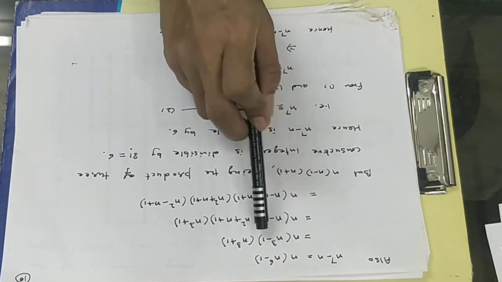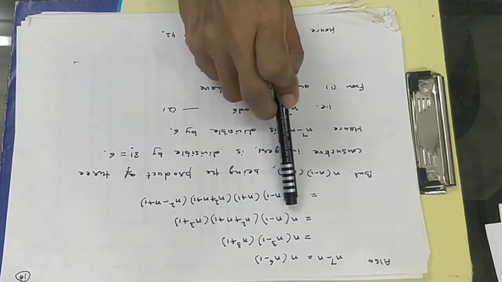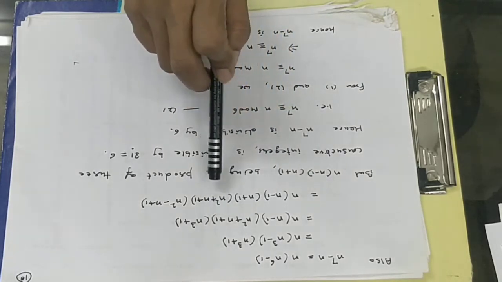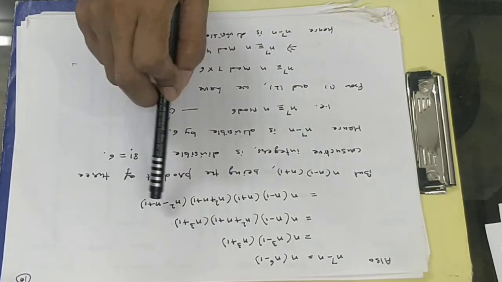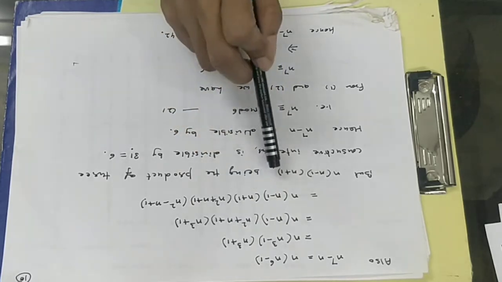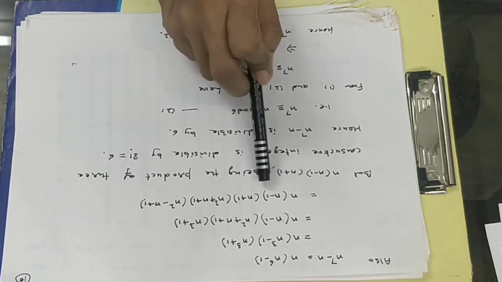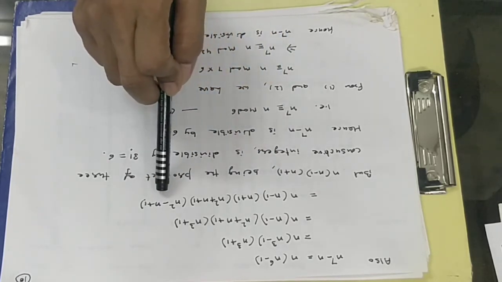Again n cube minus 1 and n cube plus 1 can be factorized, so we will get n into n minus 1 into n square plus n plus 1 into n plus 1 into n square minus n plus 1. Factorizing n cube minus 1 and n cube plus 1, we get ultimately this result, that is equal to n into n minus 1 into n plus 1 into n square plus n plus 1 into n square minus n plus 1.